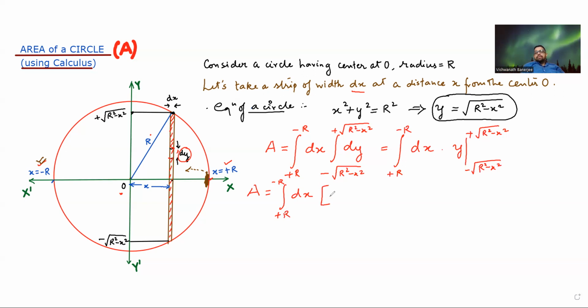So we get upper limit under root of r square minus x square minus under root of r square minus x square. Right? So this makes it twice of under root of r square minus x square.